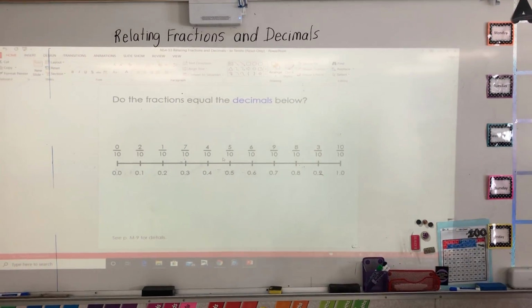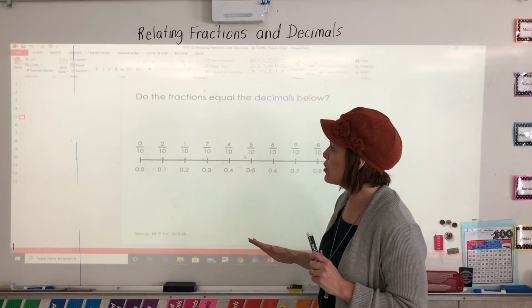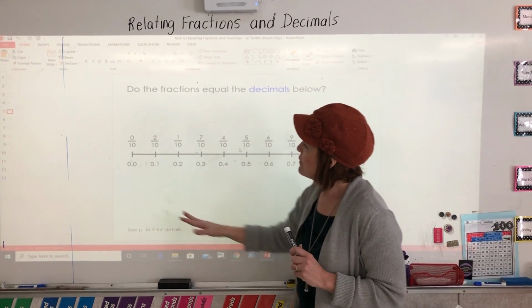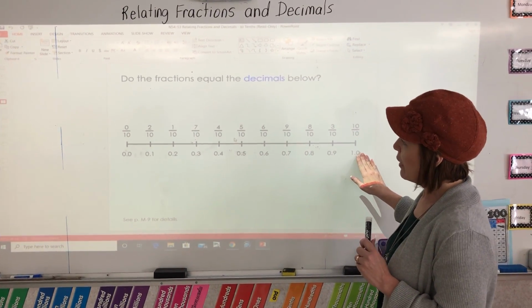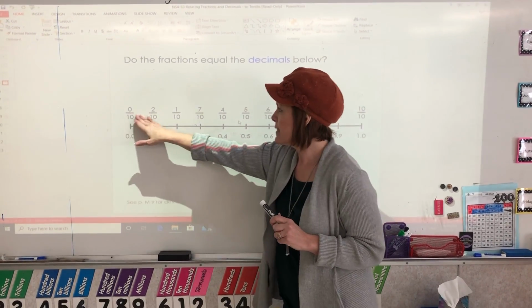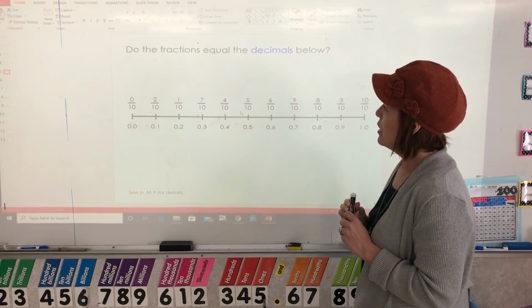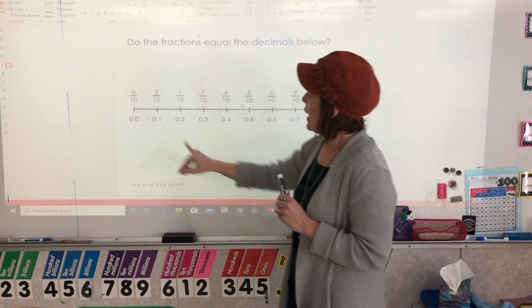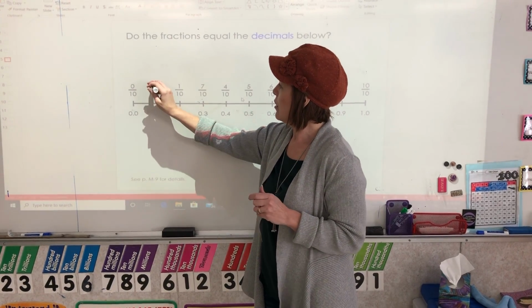All right, so now they're going to see, if you can see this from the screen, I'm not sure, it's pretty small, but they've done a decimal line on the bottom that is perfectly correct, and they've done a messed up fractional line on the top, and they've put things where they don't belong. I'm going to give you an example. At decimal 1, they put 2/10. That is absolutely not correct.